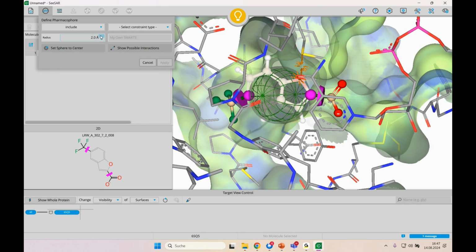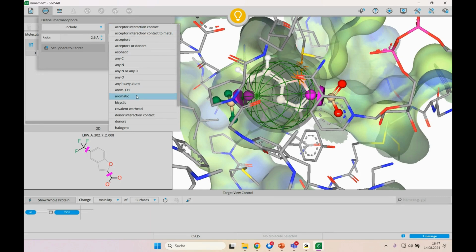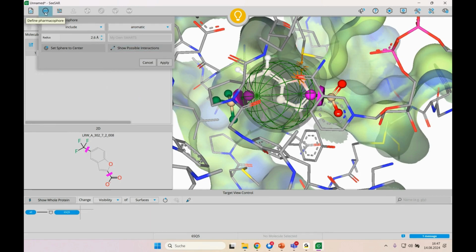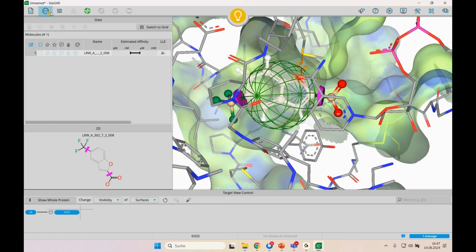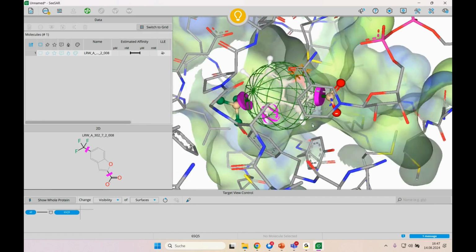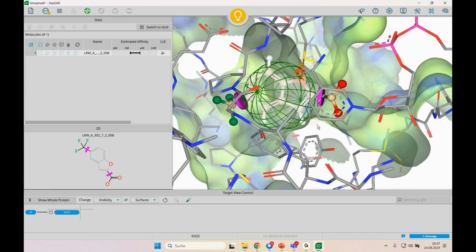Make the pharmacophore constraint a little bit higher, and let's go with something aromatic. What do you think of that? That should essentially preserve the properties of the molecule.